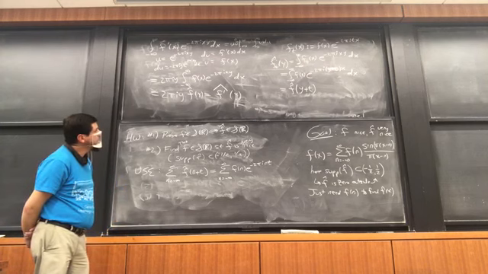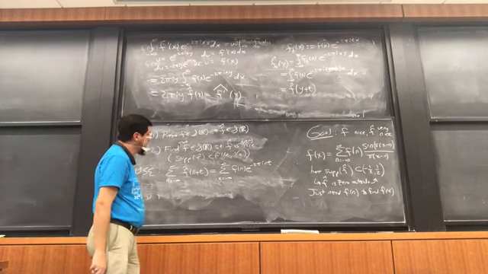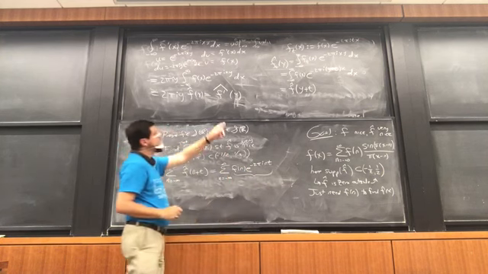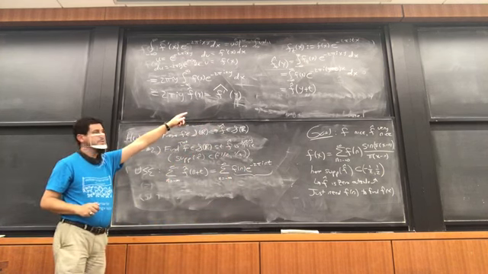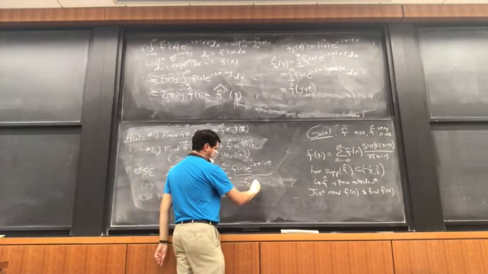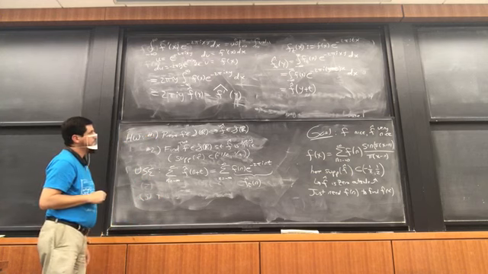And I am hoping now that we have not erased everything that I need. Good. Looking on the right side of the board, this is just f sub t of n. Right?